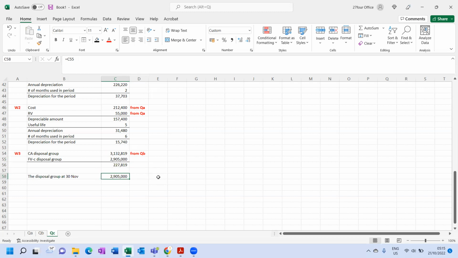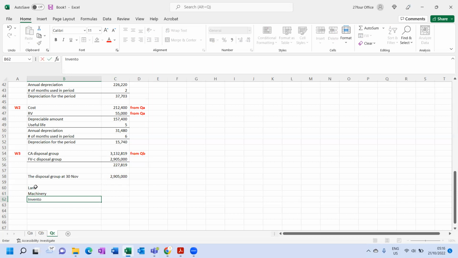Now, what is the disposal group made up of? Okay, so how do we get to 2905? We would have gotten to it as follows. It would have been land, machinery, and inventory. Okay, it would be land, machinery, and inventory.